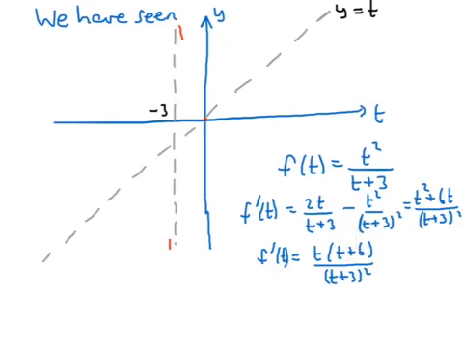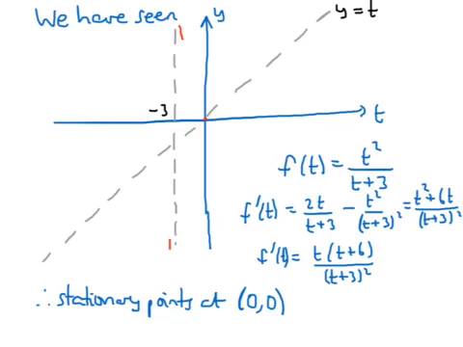So therefore we see that we have stationary points at t is equal to 0, and if t is equal to 0, the function evaluated at 0 is 0 over 3, so as we've seen, it goes through the origin. And that's exactly what we anticipated previously.